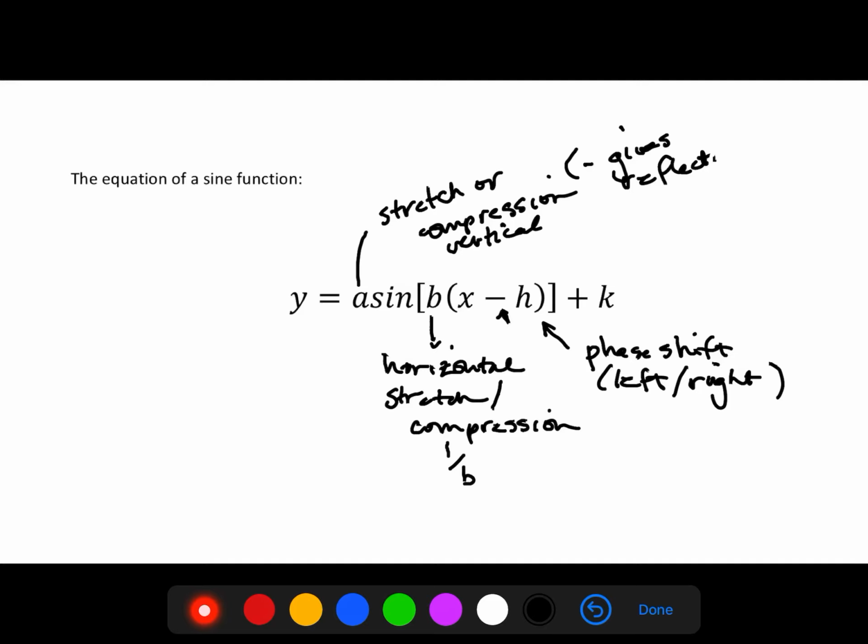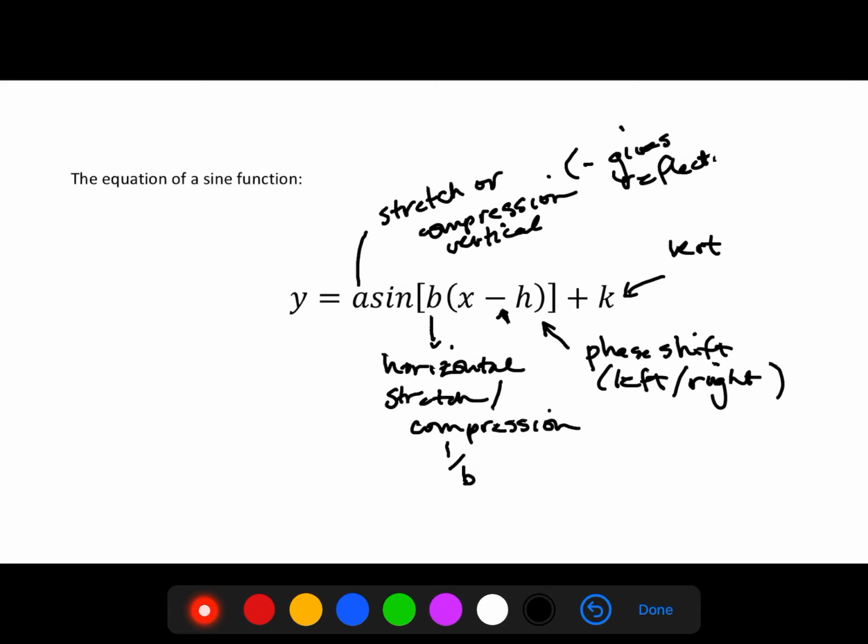And just a double check here, we know that our horizontal stretch or compression does the opposite of what it appears. It stretches if it is a fraction, 1/2, 1/3. It compresses if it is a whole number like 2, 3, etc.